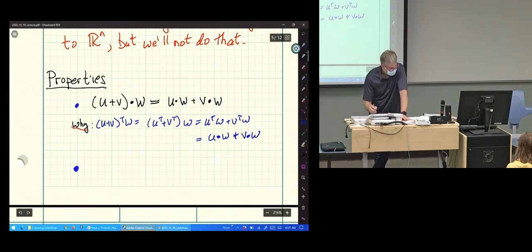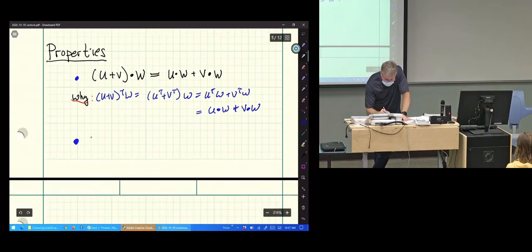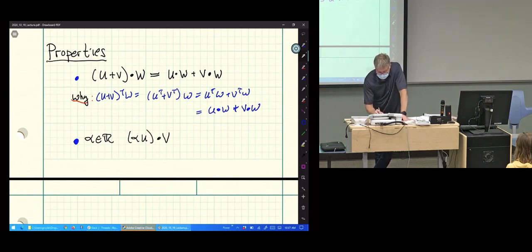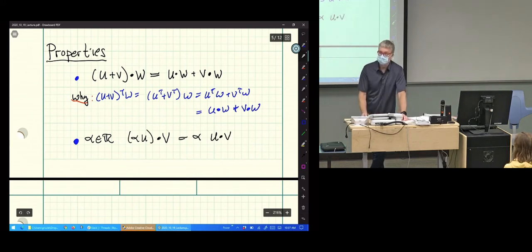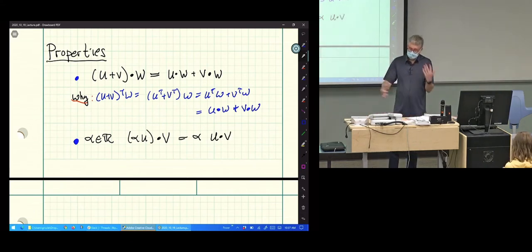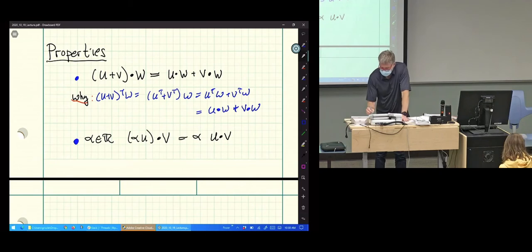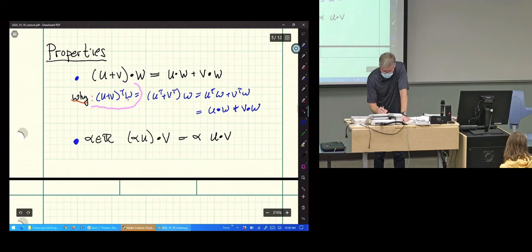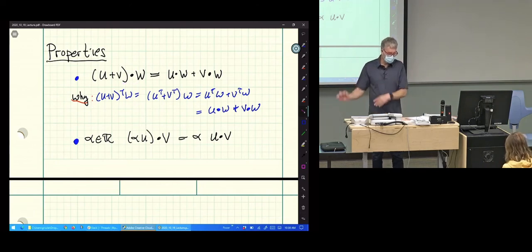And then if you have, say, alpha in the reals, and you do alpha U dot product V, surprise, that's alpha times the dot product of U and V. So you can do linear combinations of vectors and do their dot products, and all of the rules simply follow from understanding how A plus B multiplies C when A, B, and C are matrices, okay? It's just those rules.